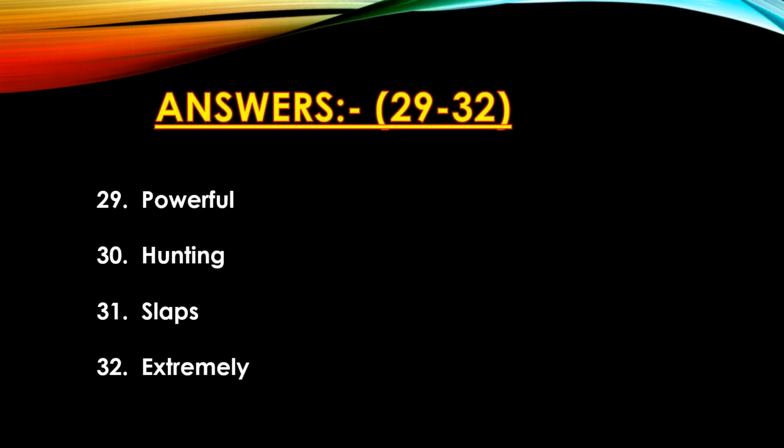Based on the root words, here I prepared the right form of the words. Here the base word or the root word is power. I prepared powerful. This powerful is the word which is suitable for that given blank. When we use this powerful in that blank, you get a perfect, meaningful sentence. Then for 30th, the root word is hunt.